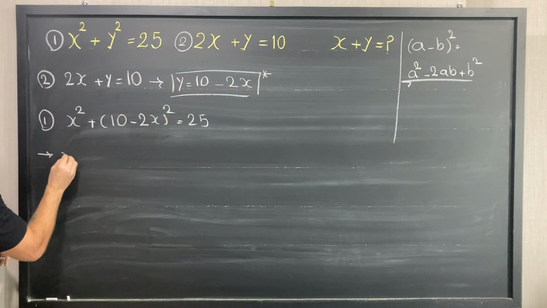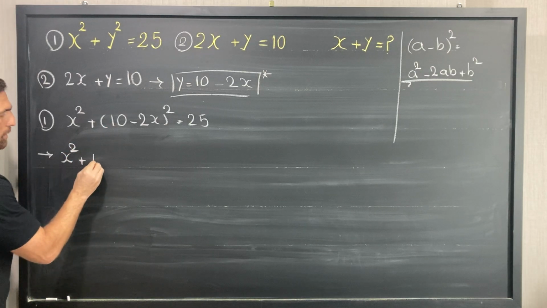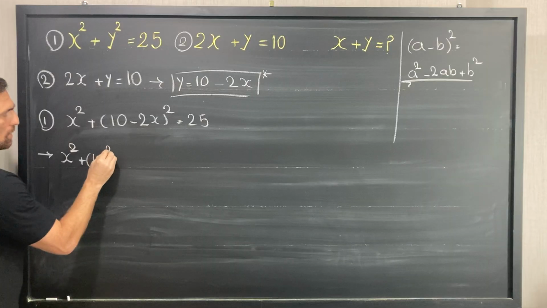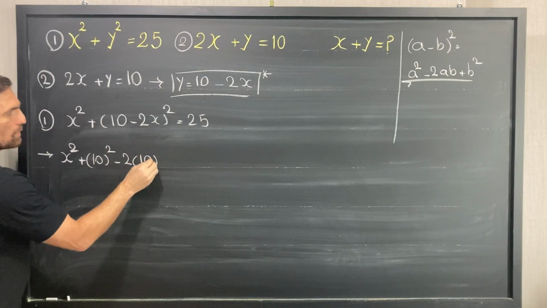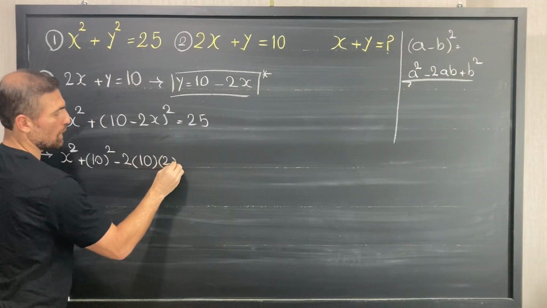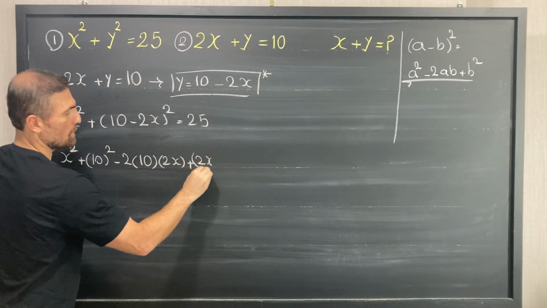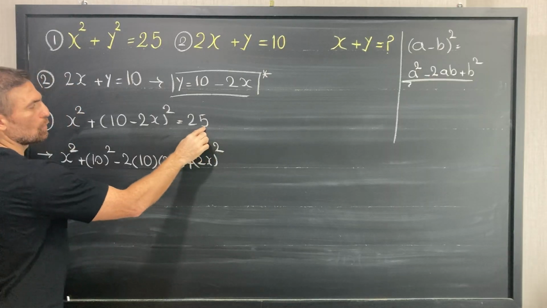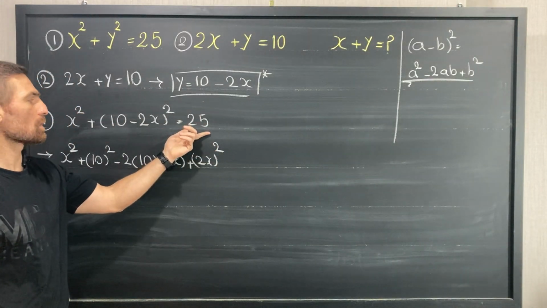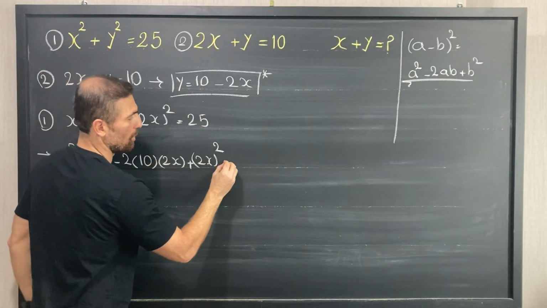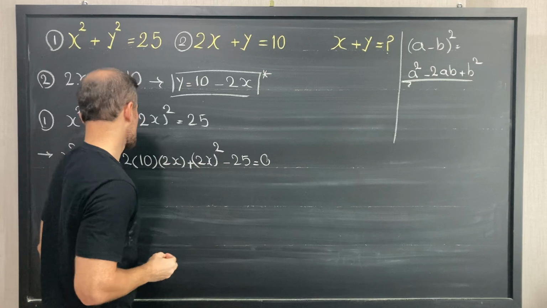First one, I write x squared plus 10 squared minus 2 times first term 10, second term 2x, plus second term 2x squared, equals 25. I want to transpose it to the left side. Do not forget, change the sign, positive to negative. Minus 25, and right side it is 0.